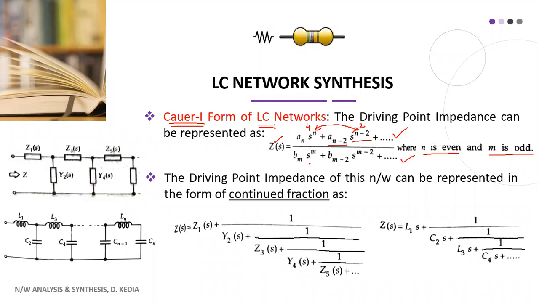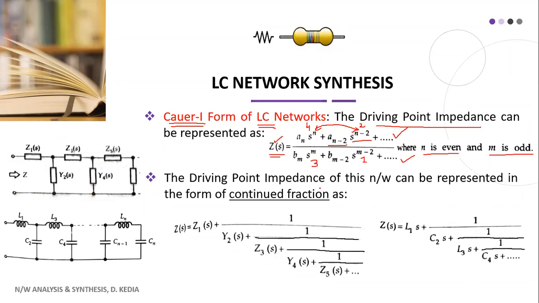Similarly here, if m is, say, for example, 3, then this will be m minus 2, that is 1. So we have odd power terms in the denominator. And this Z(s) is nothing but your driving point impedance. I hope all are able to appreciate this network function, that is your driving point impedance.